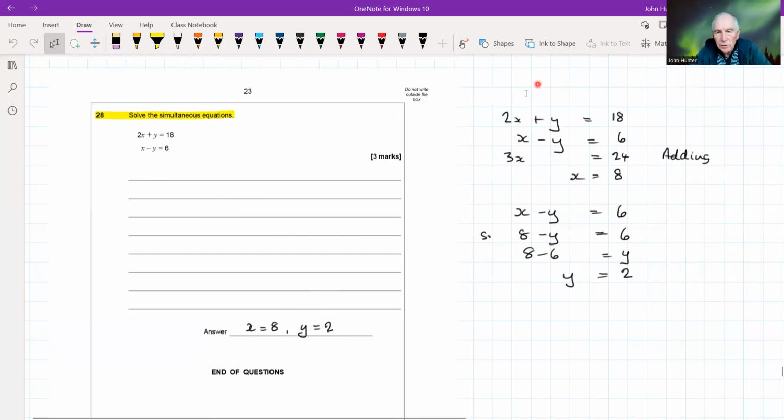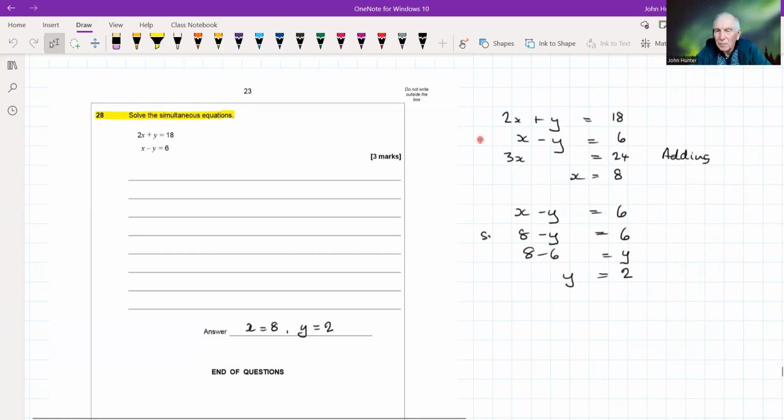So that's that. Now, in some situations when we're doing these, we may not find that there's a simple addition or subtraction. We might need to scale up either or both of these equations so that the coefficient of x or the coefficient of y is the same in both equations. So we could, for instance, multiply this first equation through by 3. That would give us 6x plus 3y equals 54.